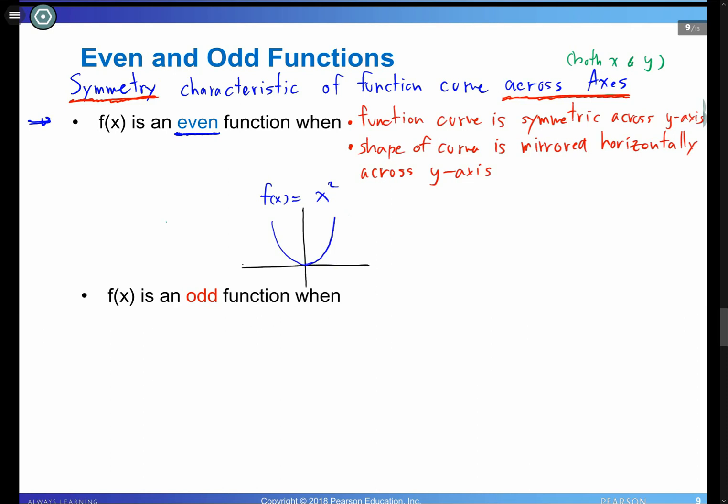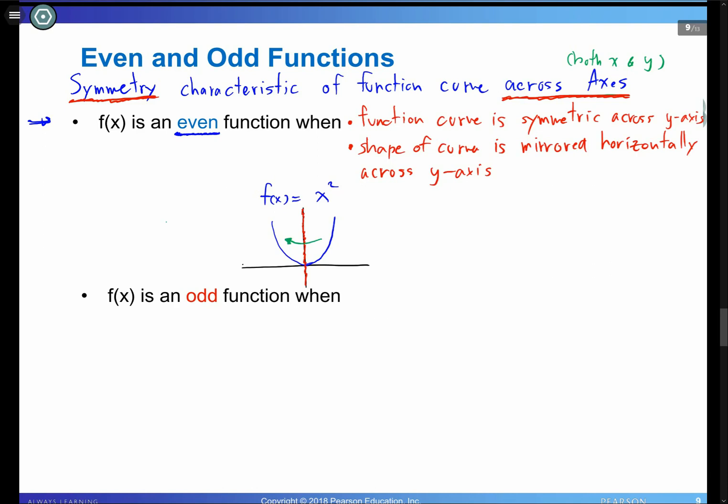Now let's check the symmetry across the y-axis. To check that, we are going to consider the y-axis as a mirror. So let's imagine that this y-axis is a mirror, and we are going to see whether the left-hand side and the right-hand side look like a flipped version of each other or not. As you can see here, if you flip this curve on the right-hand side of the y-axis to the other side, you are going to get the exact same thing.